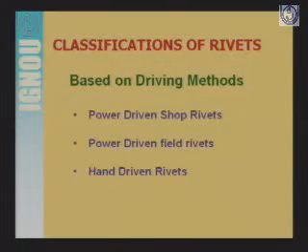Third type is hand driven rivets. Here we use hands, meaning handheld devices, just like a hammer, and no mechanical device is used. So these are the three types of rivets basically.